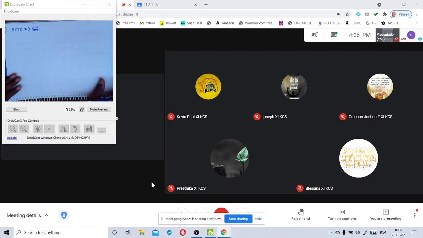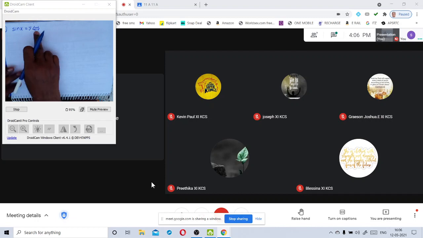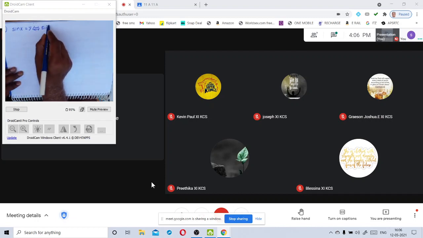This implies sin inverse y is equal to x.